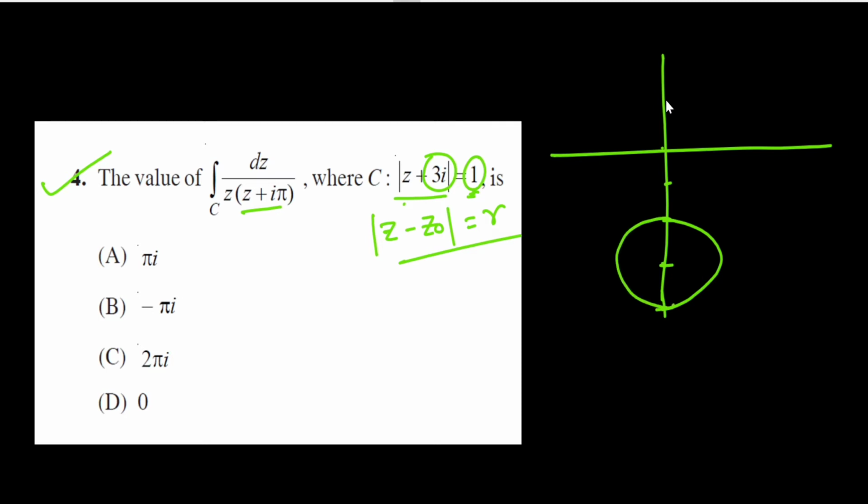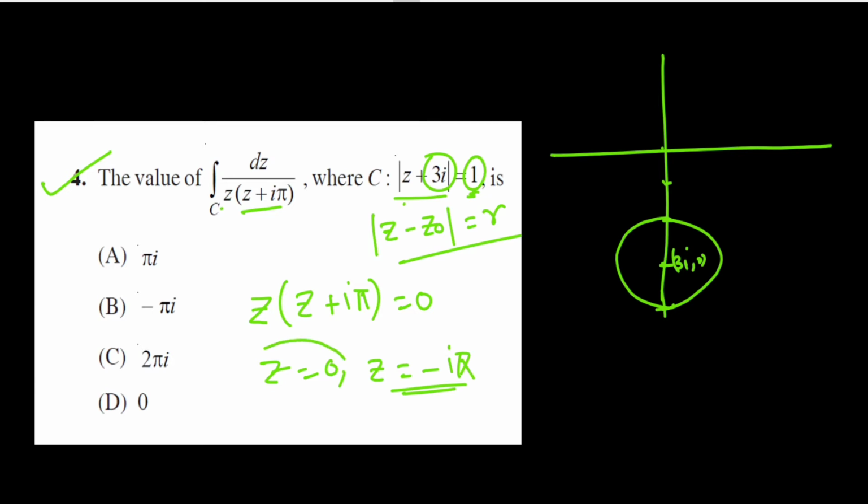Now iota, 2 iota, this is 3 iota, and 0, and this is the center of the circle. Now the singularities of the function come from z into z plus iota pi equal to 0. Therefore either z equal to 0 or z equal to minus iota pi. Now we have to check which points lie inside the circle.